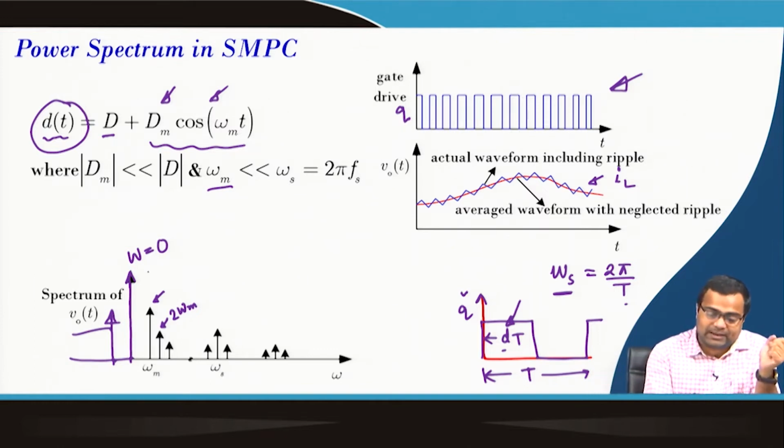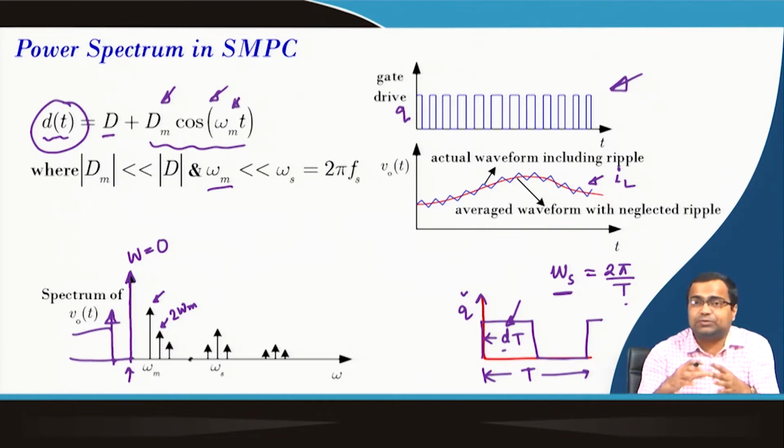The same thing is applicable here. If you do not modulate this signal, if the modulating frequency is 0, it is simply a periodic signal with a fixed duty ratio, and there we get the DC component, the switching frequency which is the fundamental component, and its harmonics, 2 omega s and so on.